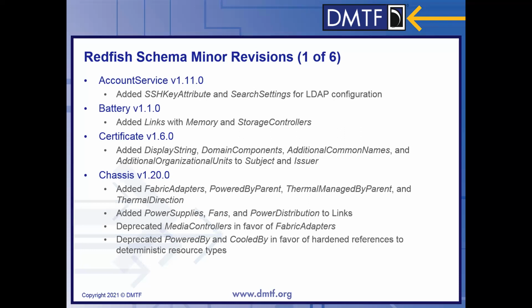So the chassis being the primary part of the physical data model, wanted to ensure that you can link to those logical or functional portions. And so having things like fabric adapter was one, as we went through, that had not been previously included.